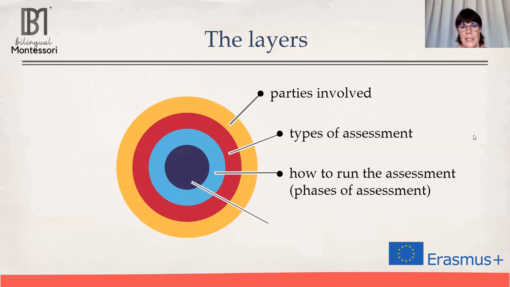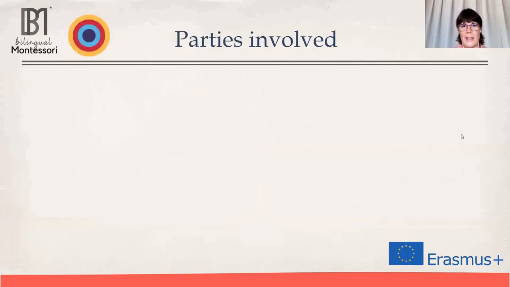And last but not least, kind of a unifying layer are the examples. And the examples will connect all the three previous layers and hopefully make it more tangible. So the first layer, parties involved.